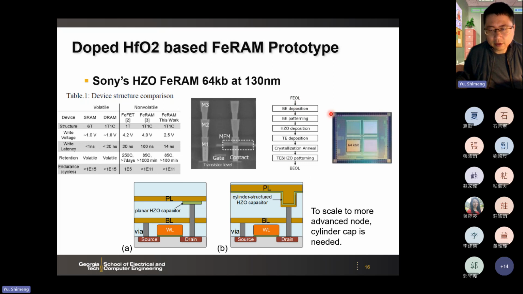Anyway, I don't have the details of the paper because IEDM is two or three weeks away. So we still need to know more details after the IEDM conference. But there is already news about Micron's 32 gigabit FeRAM based on the hafnium oxide system.